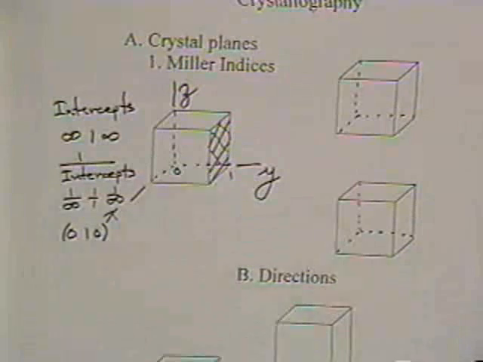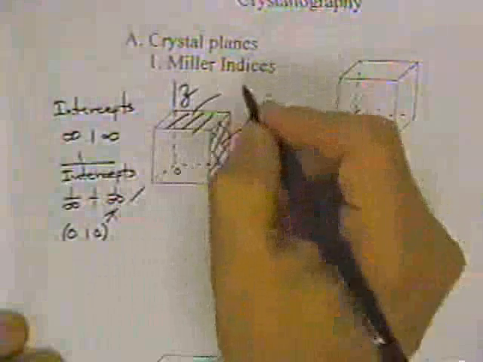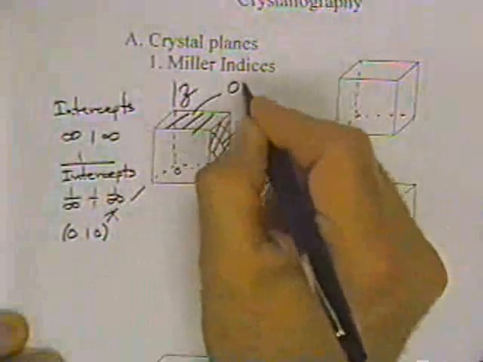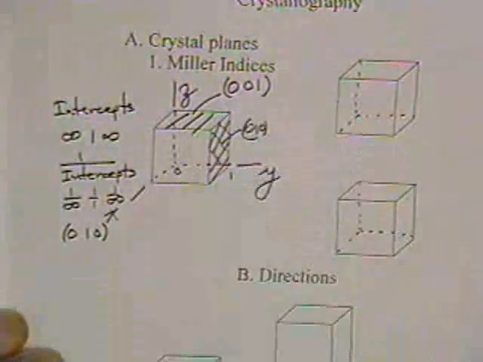So the Miller indices for this particular plane would be (0 1 0). And if we took a look at this plane right up here, we could do the same thing and we'd see that this was a (0 0 1) plane.